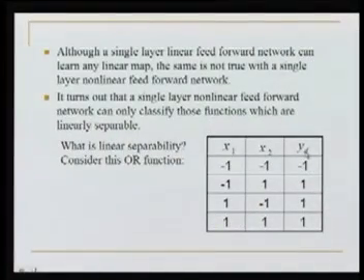So, what is this linear separability? Now, let us consider a simple static function. All of you know an OR function. An OR gate has two inputs x1 and x2, and the output is yd. This is the truth table: if both inputs are -1, the output is -1, and in all other cases the output is +1. That is an OR network.